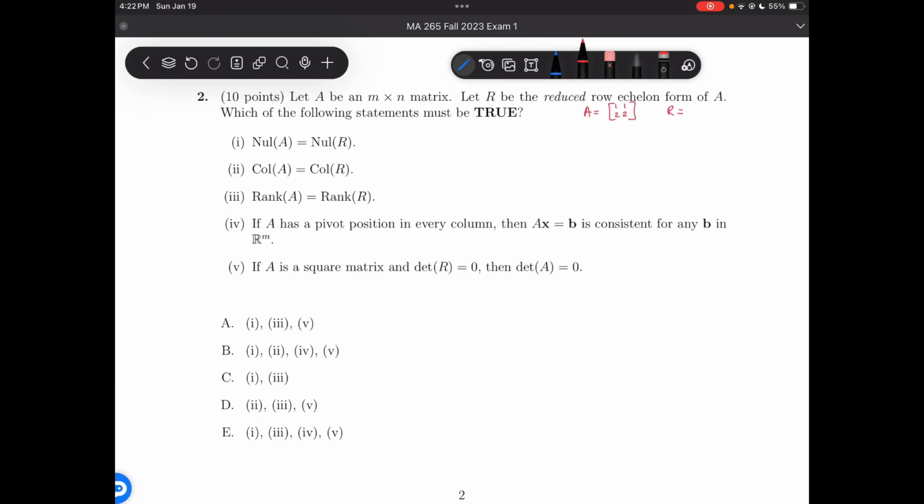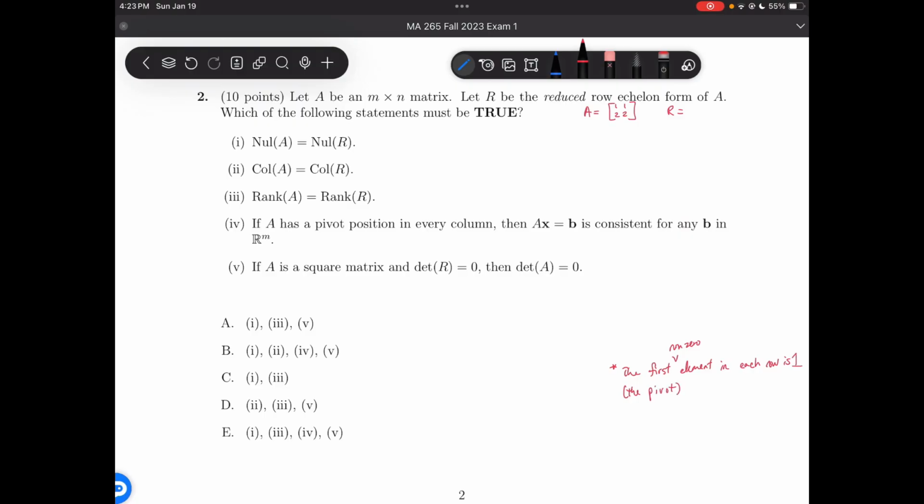This element is called the pivot, the first non-zero element.